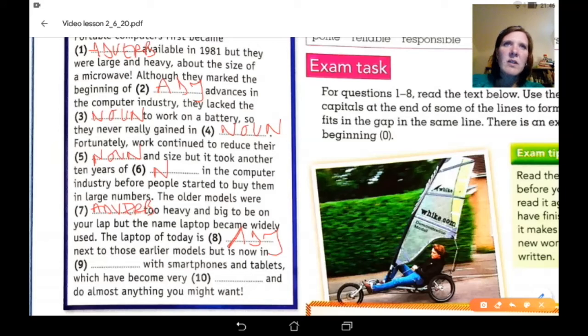Obviously this is a describing word, it's an adjective. It's now in number 9, a noun. And number 10, we're looking at another adjective.